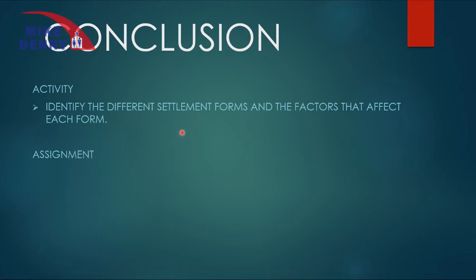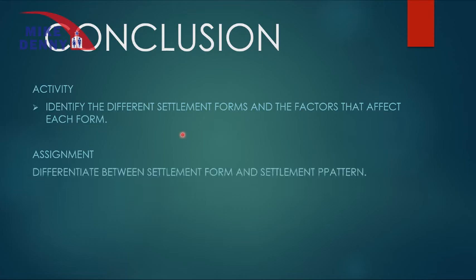In our assignment, we have to do this question: differentiate between settlement forms and settlement patterns. With this, I expect you to be able to answer this question, taking into consideration knowledge from our last class and from the class that we have done today.